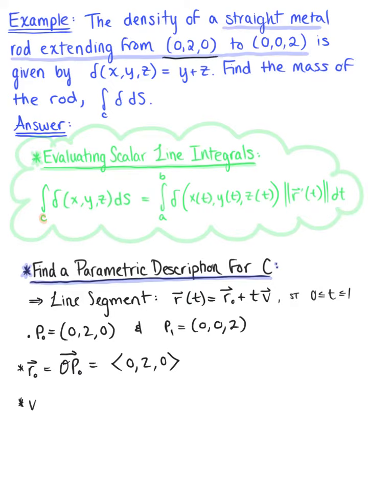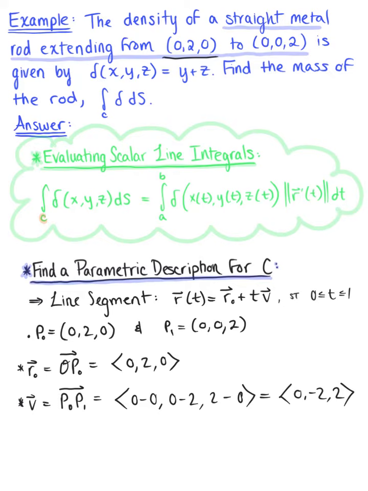Then to find our parallel vector, the vector parallel to the line segment, we need to find the components of the vector from our initial point p naught to the point p sub 1. So we have 0 minus 0 as our first component, 0 minus 2 as our second component, and 2 minus 0 as our third component, leaving us with the vector (0, -2, 2).